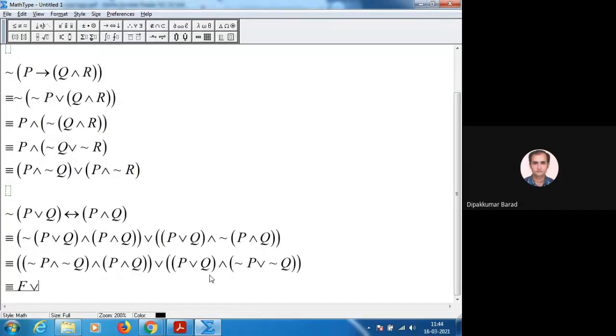So now here we can apply the distributive property.